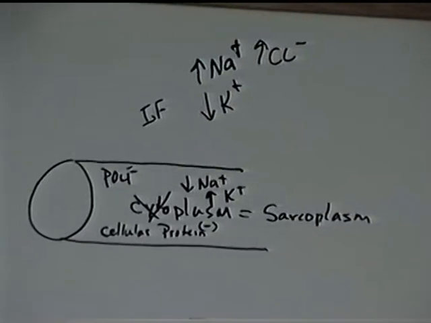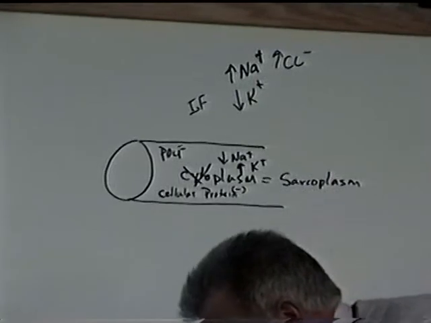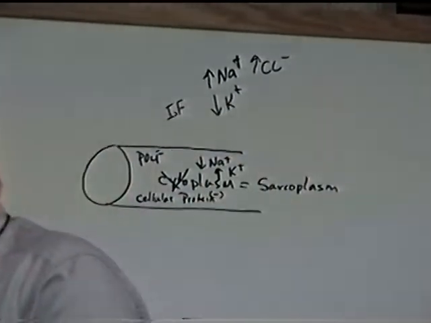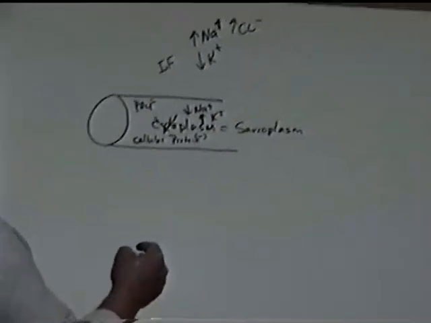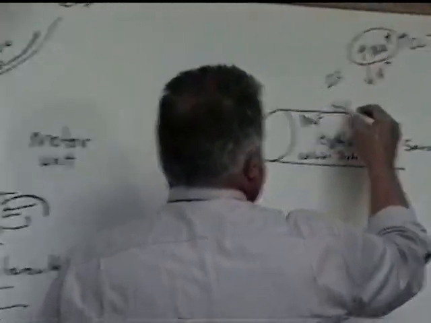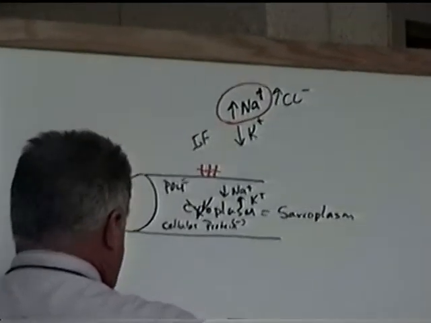Because we maintain concentrations across the membrane that are different, we can actually create a charge disparity across the membrane. On muscles, because of the dominance of sodium outside, we have a relative positive charge outside of the membrane.